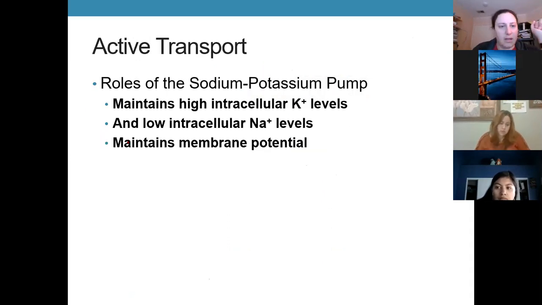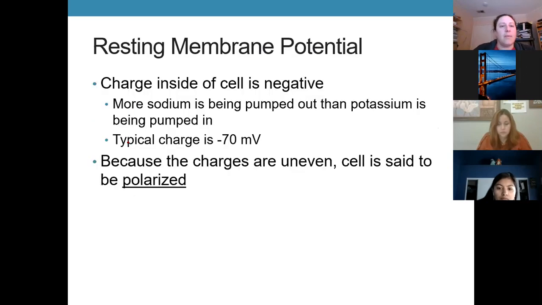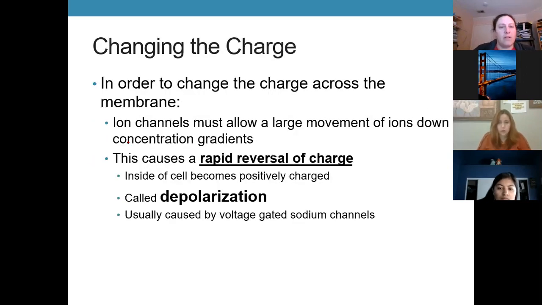Hopefully you don't need me to go through the sodium-potassium pump again, because I feel like I've covered it thoroughly, but I'm happy to go over it again if somebody has questions. I'm skipping it right now because what I want to focus on is the actual action potential. Depolarization and repolarization are the steps of the action potential.